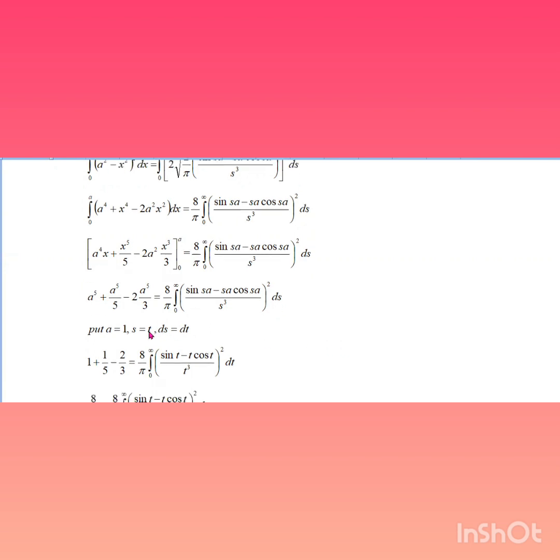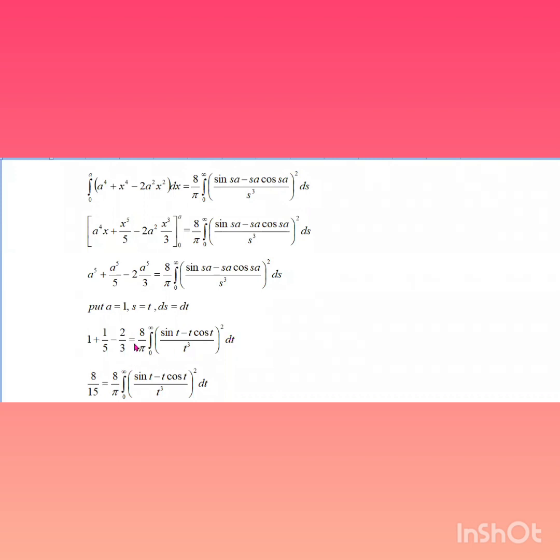By taking a equal to 1, s equal to t, ds is equal to dt. So 1 plus 1/5 minus 2/3.